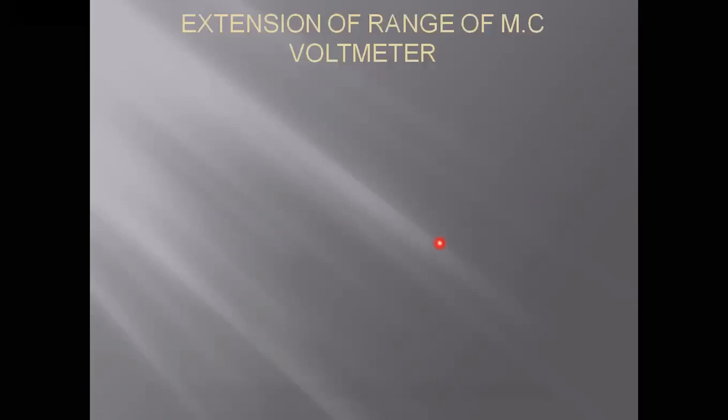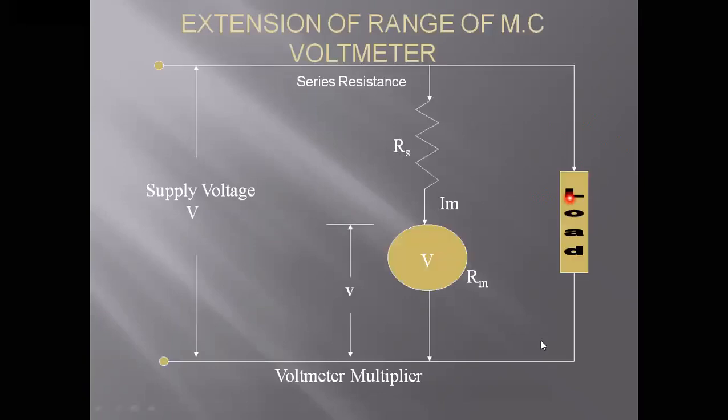Now, this is the circuit showing how we connect a multiplier. This is a supply voltage which is given to a load, and we want to measure this load voltage. To measure the load voltage, we know that we have to connect a voltmeter parallel to the load. Two bullet points we have to remember.